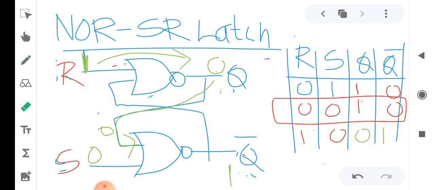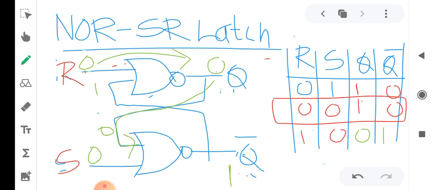Then suddenly I have changed R input as 0. Then what happens? This 1 is being fed to here. 1 plus 1, this 1, 0 and 1 I am not changing.